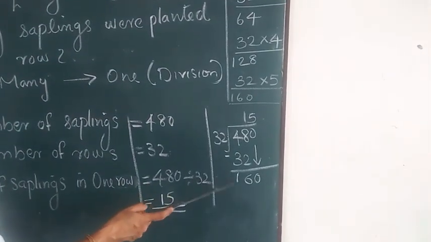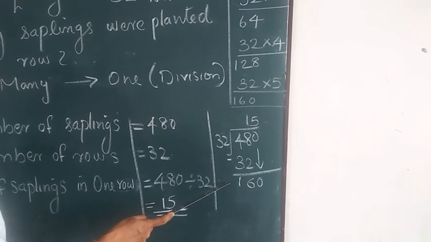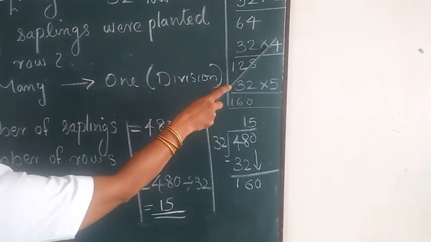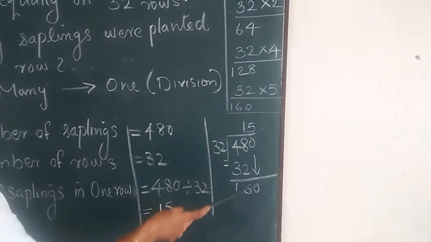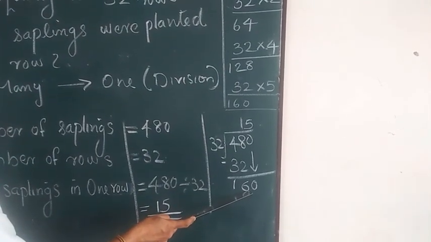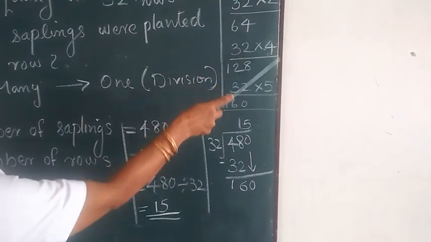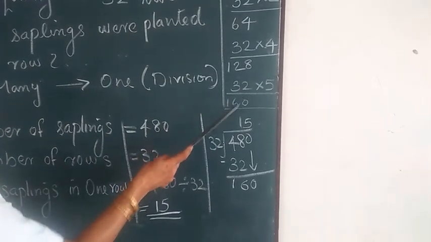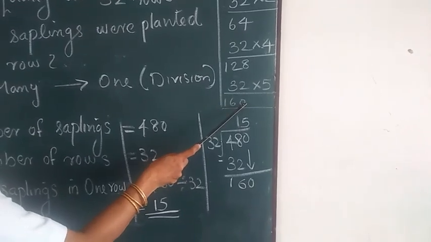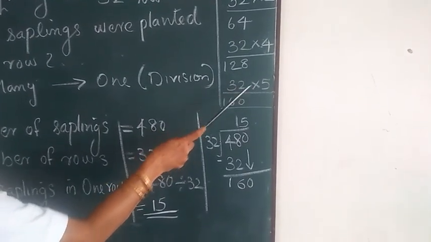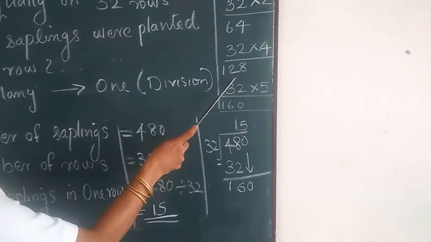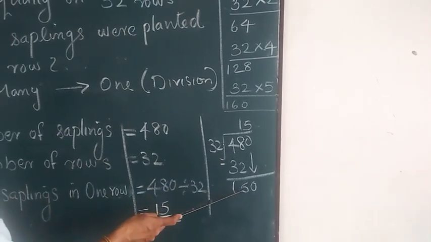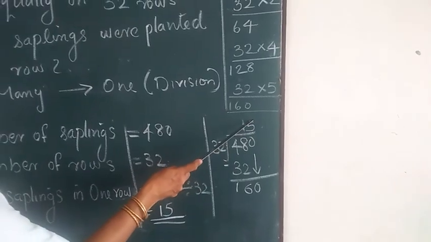If you don't calculate in such a way, no problem. You can go this way. 32 into 4 is 128, but here it is 160. Then after 4, we check 32 into 5. 2 into 5, 10. 1 carried. 3 into 5, 15 plus 1, 16. So 32 out of 160 is 5 times.